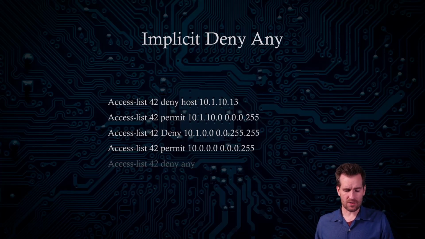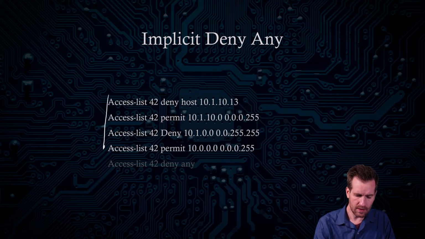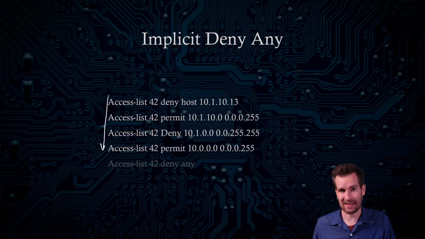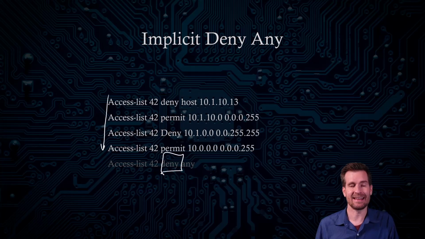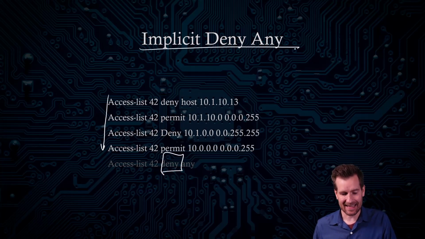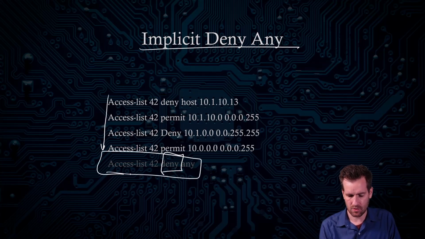So one of the questions you may have is what's going to happen if it goes all the way through the list and it doesn't match anything? Well, in that example, it's going to deny it. There is what's called an implicit deny any at the end of an access control list.